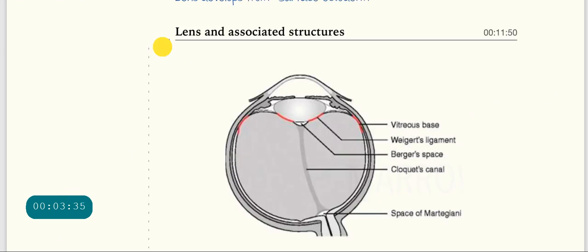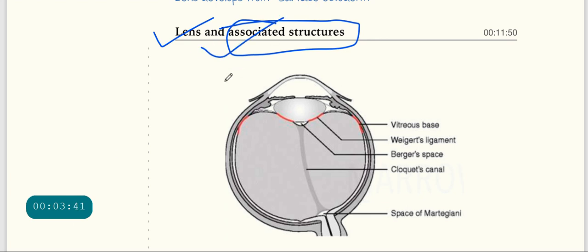Now the lens and the associated structures. What associated structures can you see at the lens? These are the vitreous base, Wieger's ligament, Berger's space, Cloquet's canal, and the space of Martegiani.